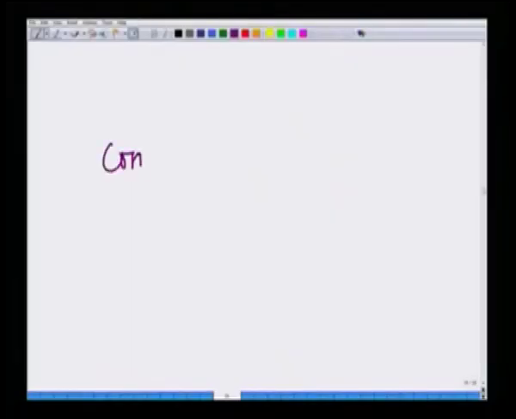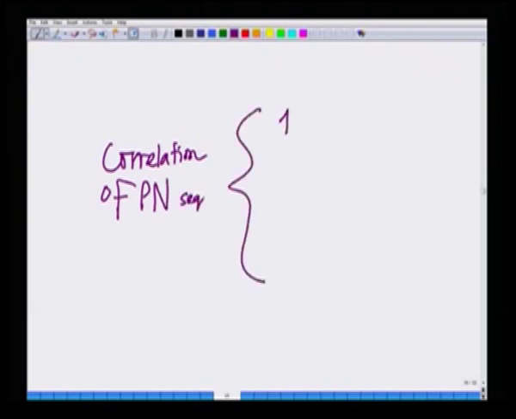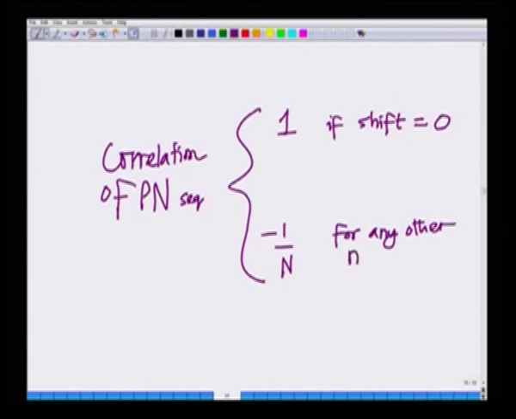Correlation of PN sequence is 1 if the shift equals 0, it is minus 1 over n for any other non-zero shift.